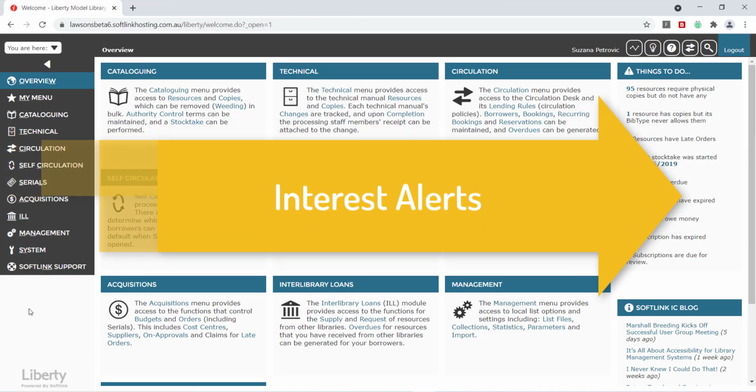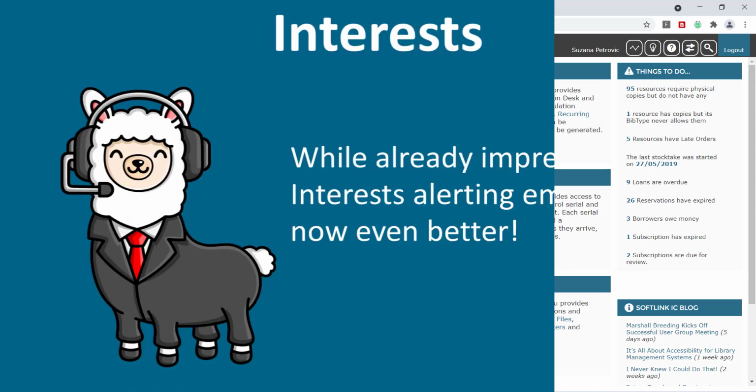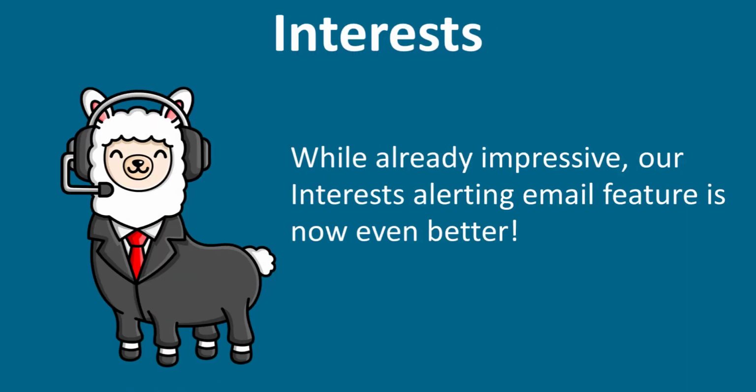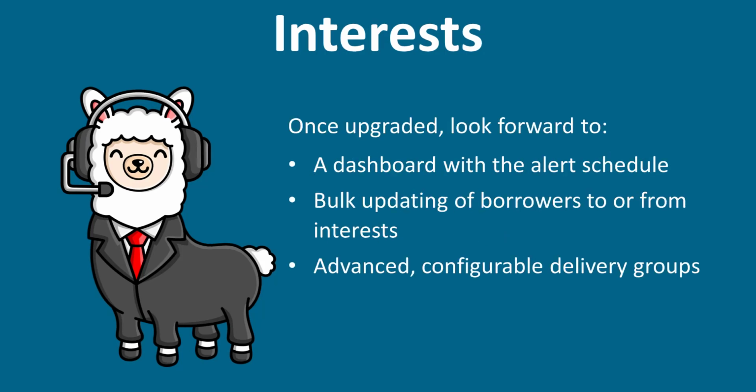Okay, the Enhanced Interests Alert feature is the main focus of this release. While already impressive, this interest alerting email feature is now even better. Once upgraded, you can look forward to a dashboard that now includes the alert schedule, bulk updating of borrowers to all from interests, advanced configurable delivery groups where emails can be scheduled, for example, multiple times a day or on certain days of the week.